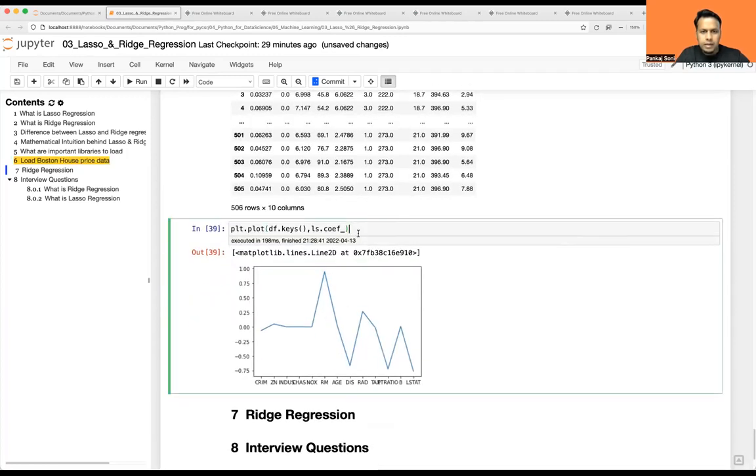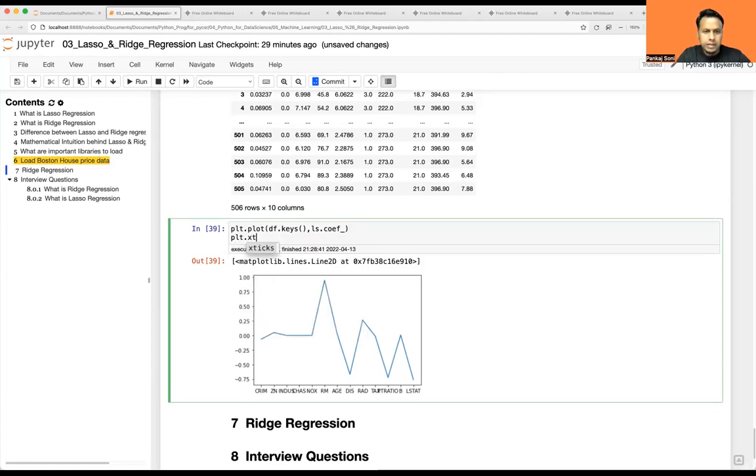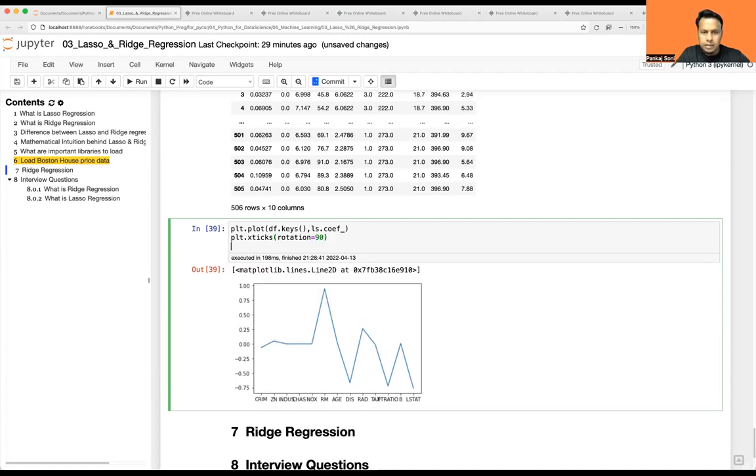Okay, and let's put plt dot xticks rotation equal to 90, plt dot show.